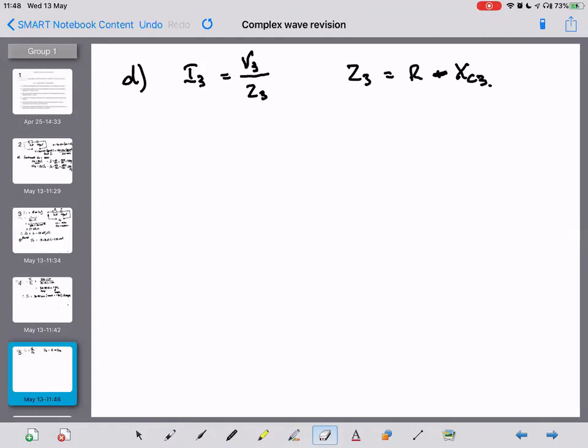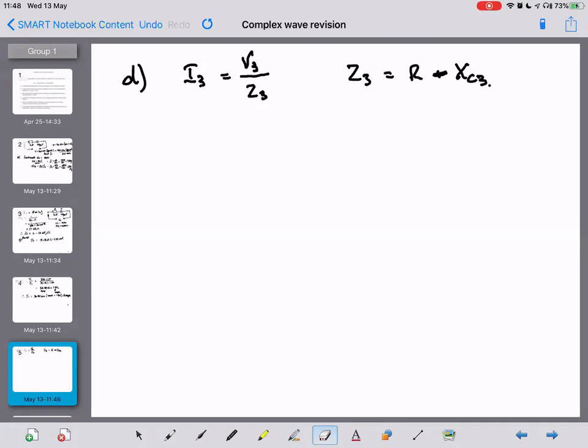So what you've got to do now is calculate the new XC, turn that into a new total impedance in polar form, and then divide that into the voltage to find the third harmonic current. Then you can write a whole expression for all the current with respect to t.